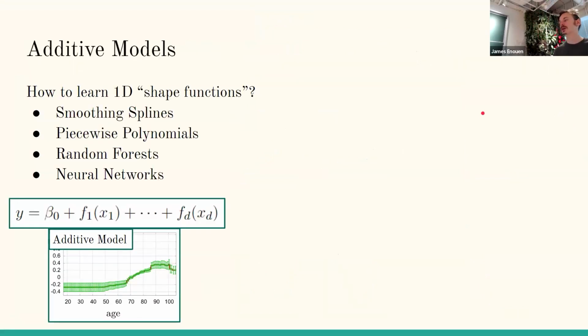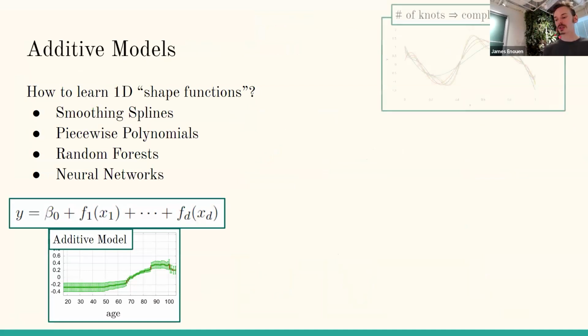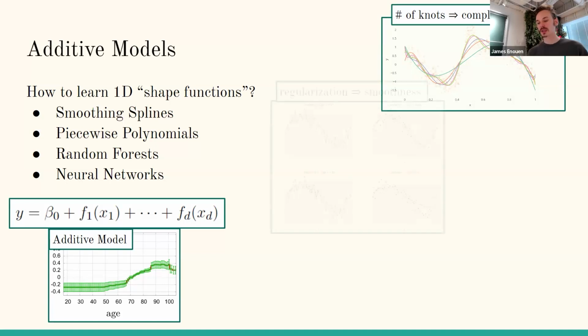So then how are we going to actually learn these 1D shape functions? Well, we can do the historical methods of doing smoothing splines or piecewise polynomials, or we can do the more recent approaches of random forests or neural networks. Doesn't matter, take your pick. There's a bunch of considerations when we do that. Historically, we're interested in the number of knots in the spline, which lead to more or less complexity.